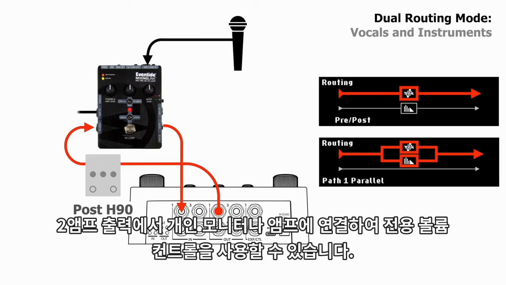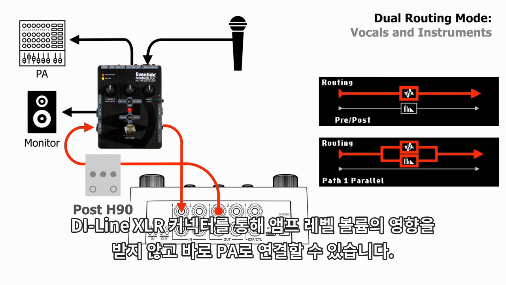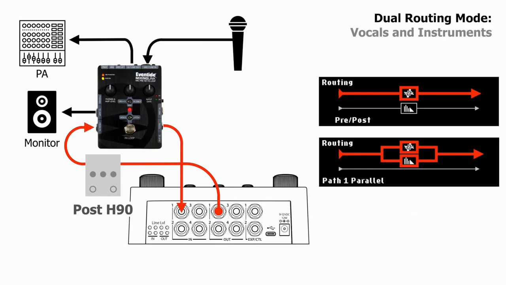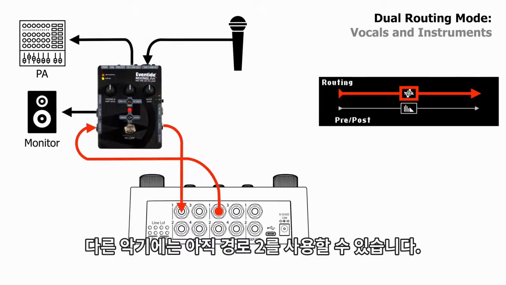From the to-amp output, we can connect to a personal monitor or amp and have a dedicated volume control. From the DI line XLR connector, we can take it straight to the PA without being affected by the amp level volume. Lastly, Mixing Link has 3 onboard options for mixing the effects loop with the dry signal for optimal results. We still have path 2 available for another instrument.